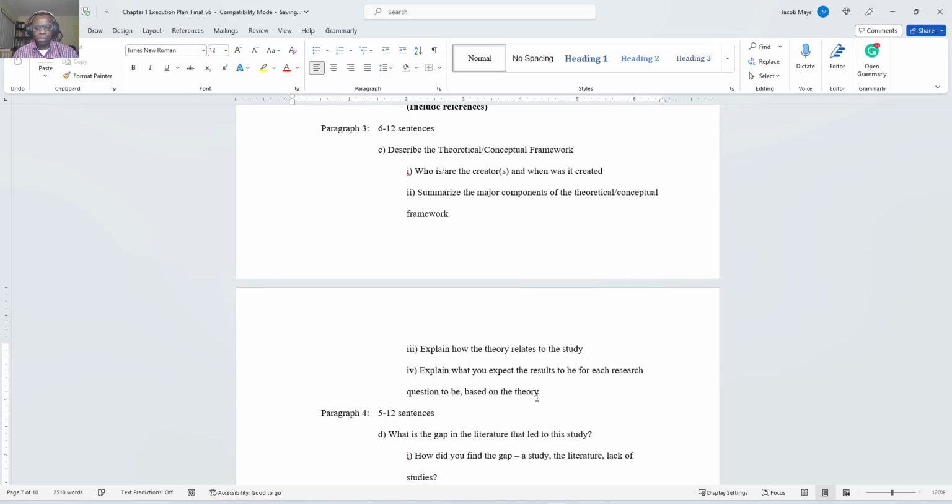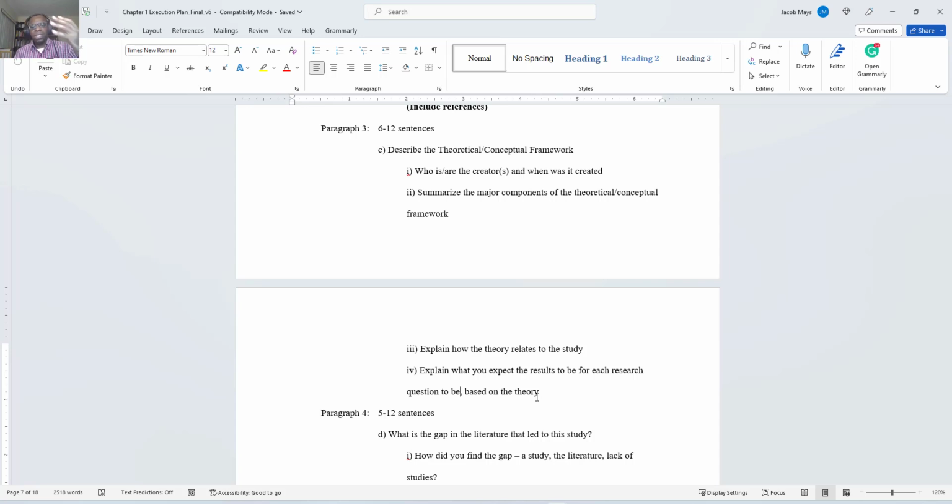So, for example, research question 1 says, is there a significant difference between children who get breastfed and children who do not get breastfed in weight development, right? And so let's say you're using a theory on mothering or something like that.